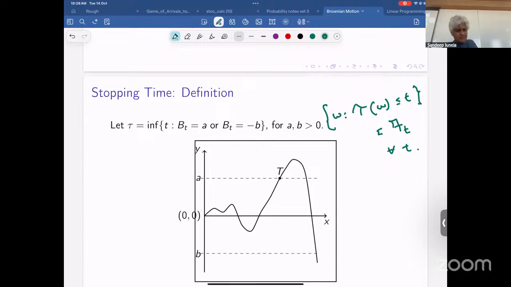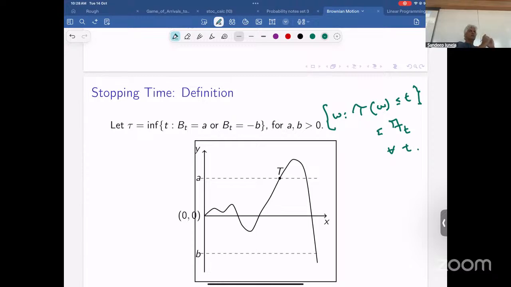Every stopping time has the following definition. Tau of omega is a stopping time if it's a random variable, measurable with respect to the big sigma algebra F, and the set where tau of omega is less than or equal to small t should belong to F_t. So you go and look at every omega, and on every omega you define tau of omega.